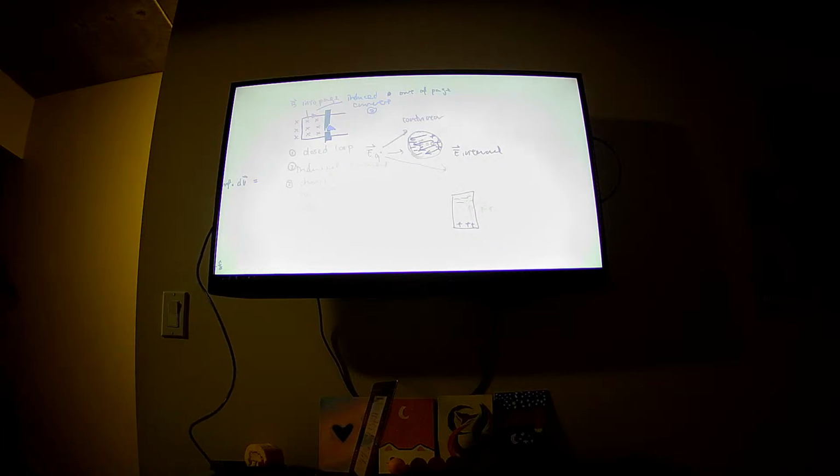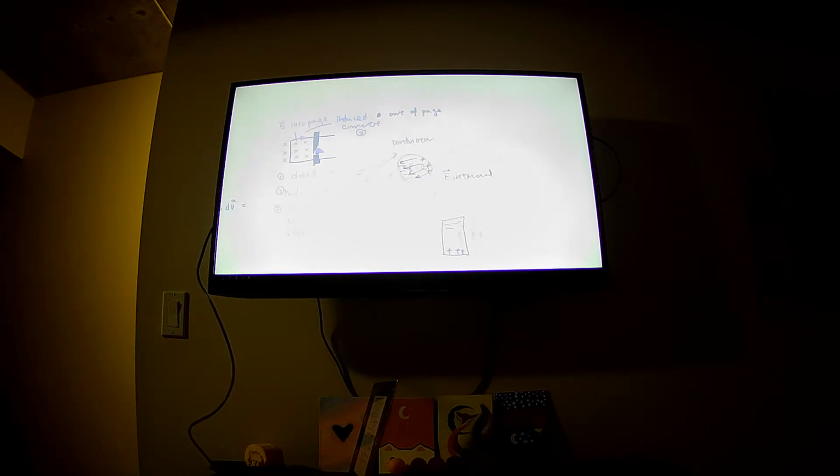Sorry, Jesse, I have a question. Go for it. So your current is going into the page, so your magnetic field is going that way. Therefore, since the induced current wants to oppose the magnetic field that you created, that's why it's going the other way. The magnetic field is just applied by something else. So the X is the magnetic field. Okay.